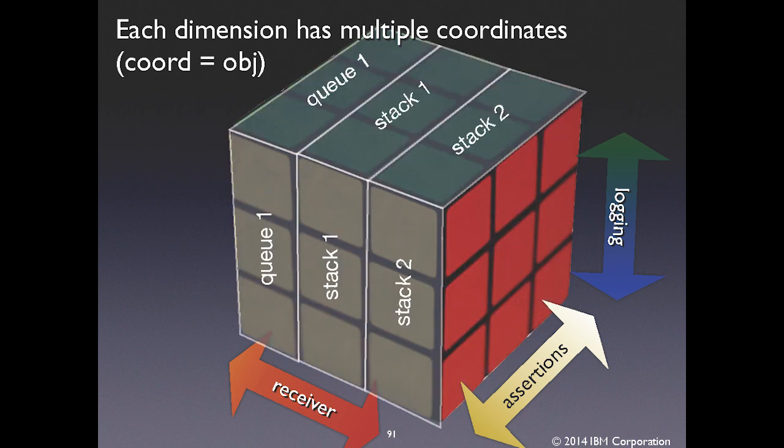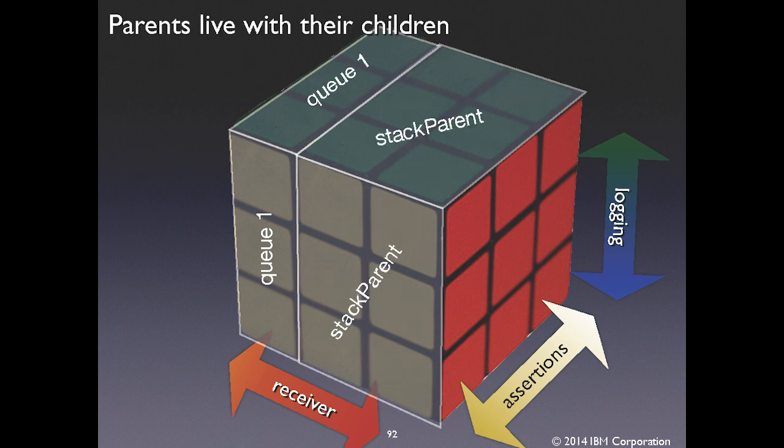Same thing here for what's the receiver, what we used to think of as objects. Now, what I'm showing you is the parents can be thought of as living in all the places of their children.